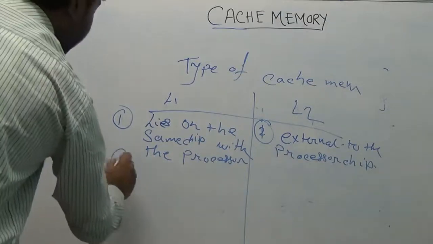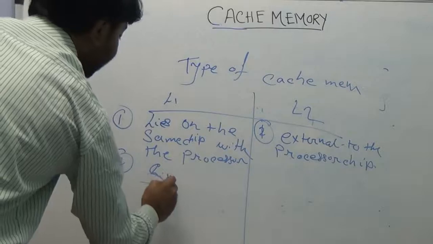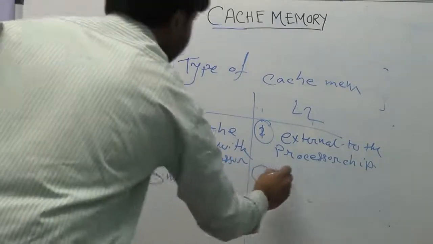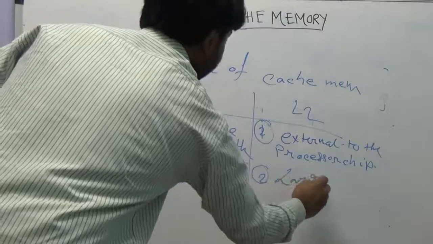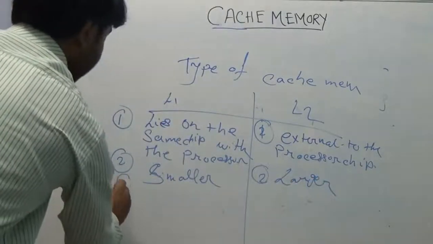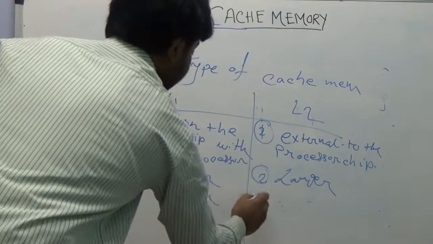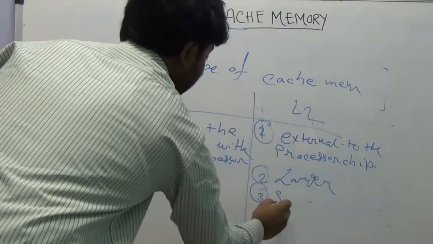Number 2, L1 is smaller. L2 is larger. Number 3, L1 is faster. L2 is slower.